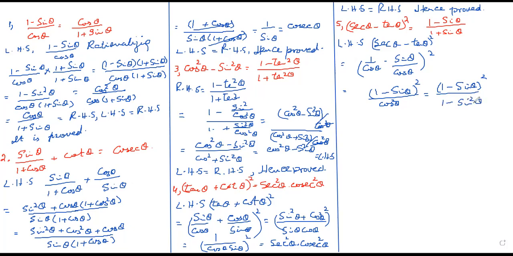So we can write 1 minus sine square theta as 1 plus sine theta multiplied by 1 minus sine theta.